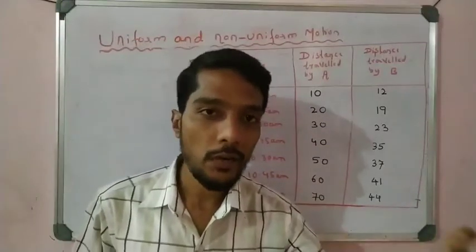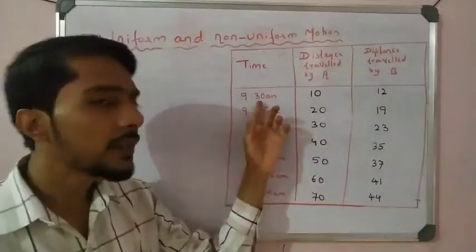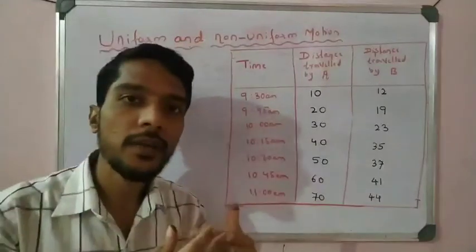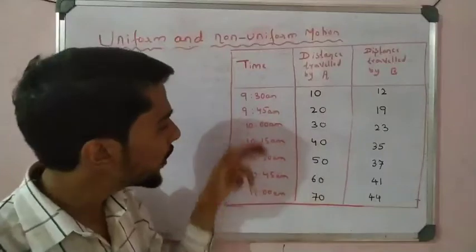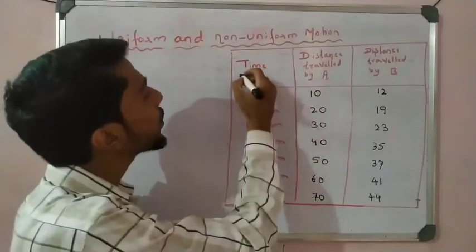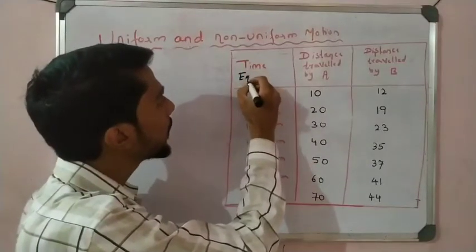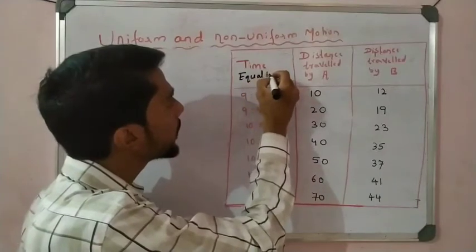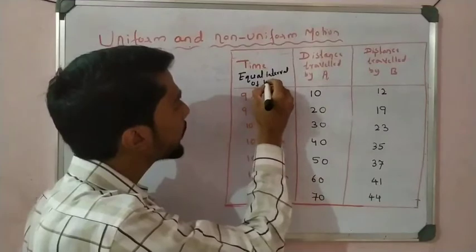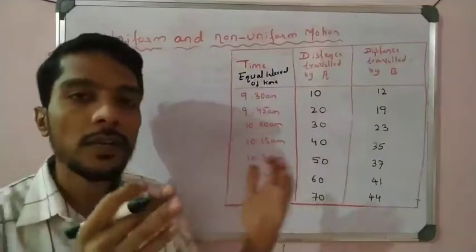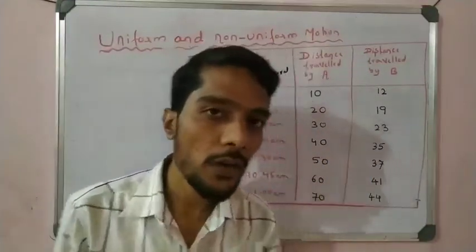So the difference is 15, 15, 15. Every difference is 15 minutes, so we say it is an equal interval of time.